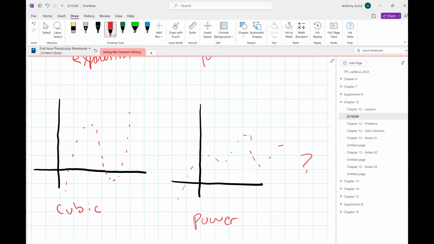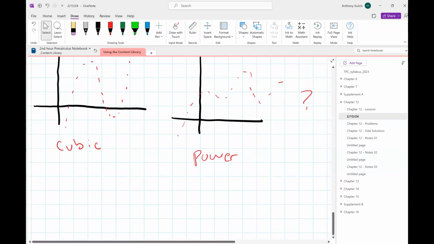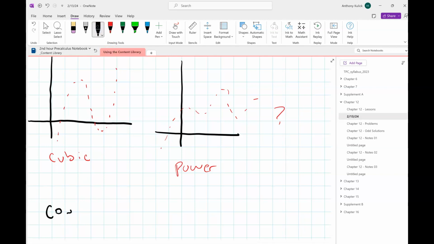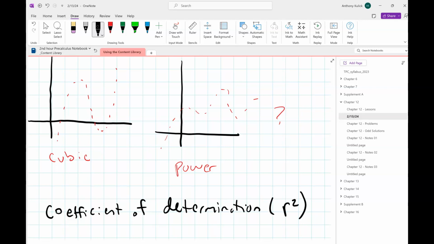So the other thing we'll do, bless you, is we might want to use a different model other than just linear things, right? The way that we can determine what might make a good model here is we can look at what's called the coefficient of determination, which is the R squared value.